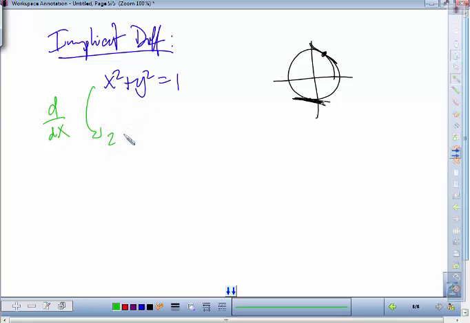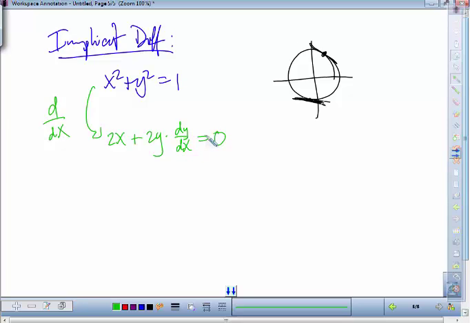The derivative of x squared is just 2x. Now here we're assuming y is some function of x, so the derivative of y squared is not exactly dy/dx, it's 2y to the first power times dy/dx. And then the derivative of 1 is 0.